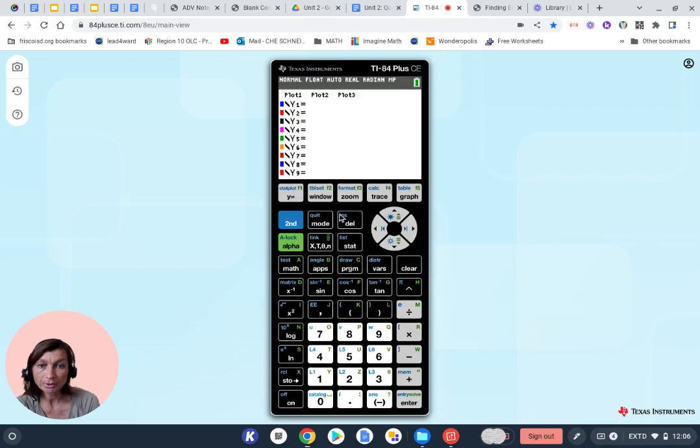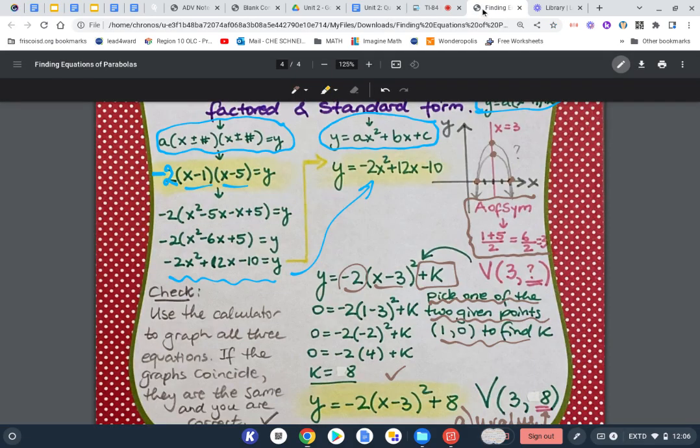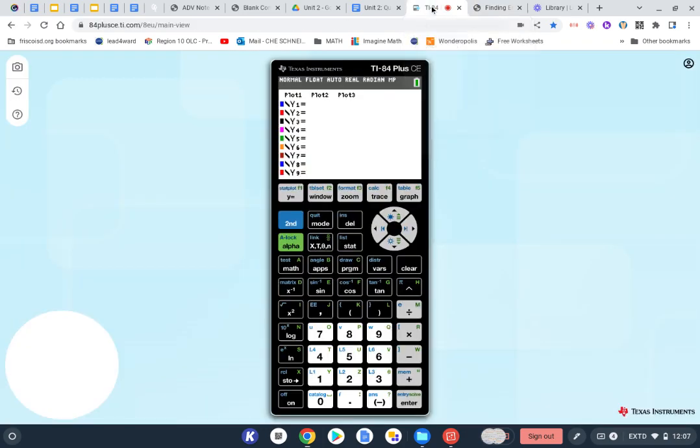Then you would put in all of your functions. Let me look that up. What was it again? -2, x minus 1, x minus 5. So -2, open parentheses, x minus 1, close parentheses, x minus 5.